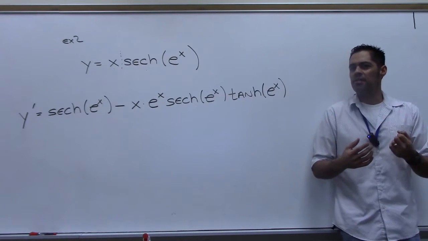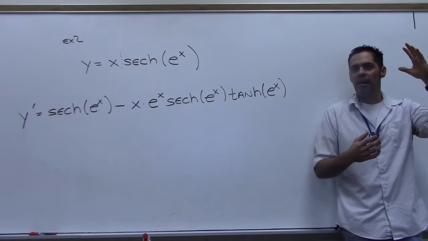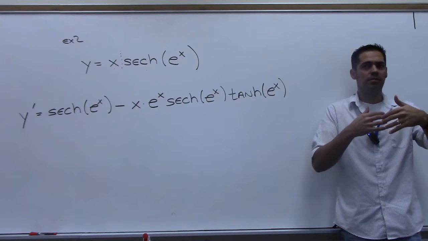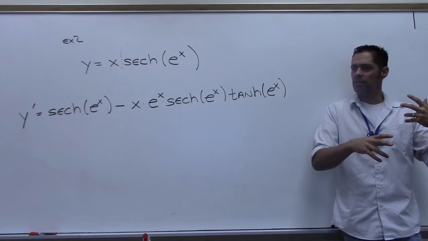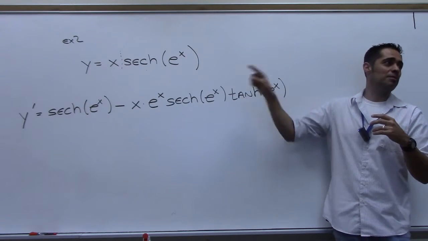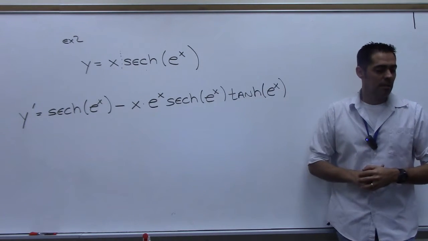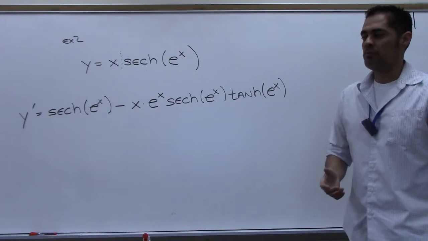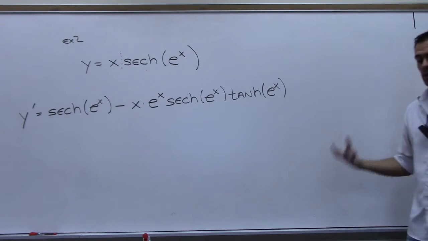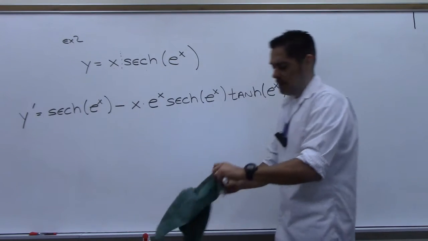Chain rule was always just kind of this cloud over my head. The problem with that is Cal 2 is backwards chain rule. So if you're not good going this way with it, it's going to be nearly impossible to go backwards. Or it'll be much easier for you to go backwards when you recognize things. And the only way that happens is if you were comfortable with chain rule. All right, moving on.